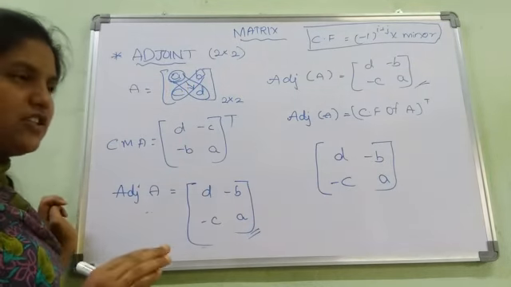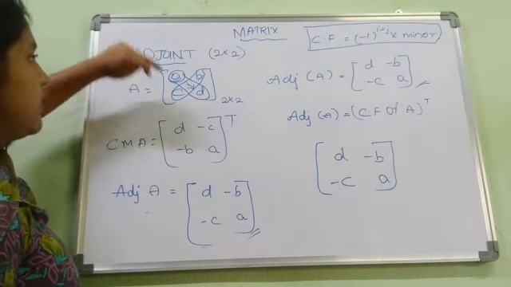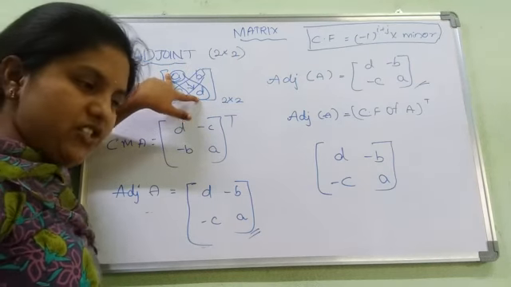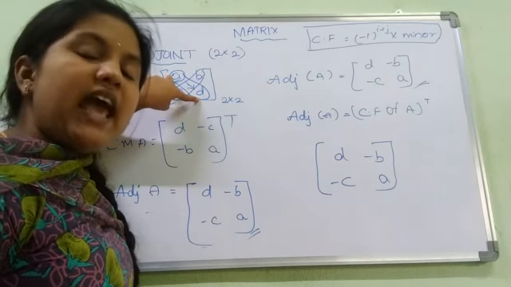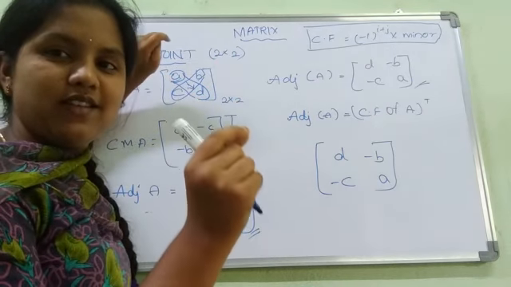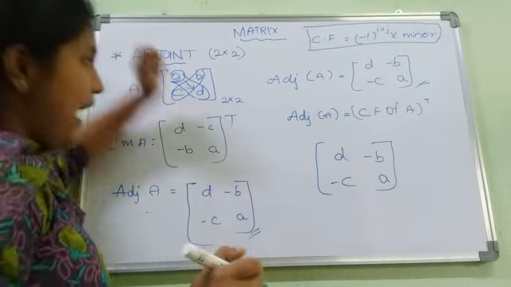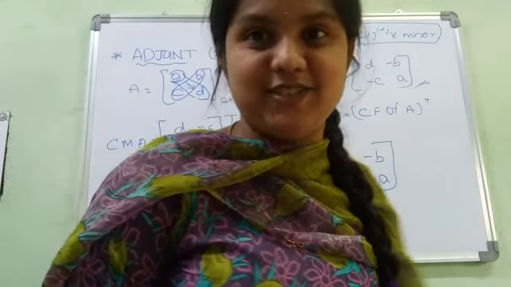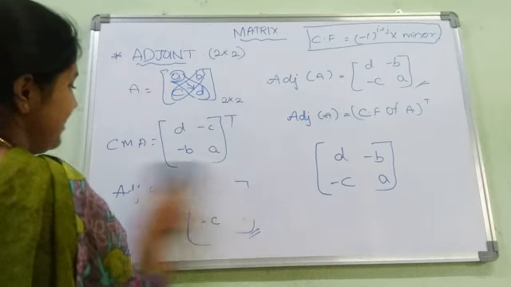Just first of all, the first element and fourth element we need to interchange, and the second element and third element we should attach minus. You got that answer? I'll give you one question. You'll get the answer because I have said the easiest way, right? Let's discuss that.